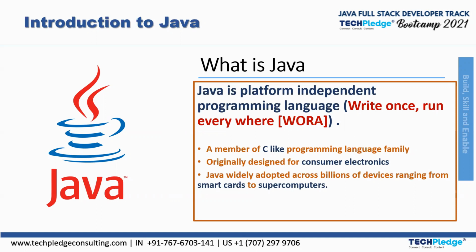Now this .exe file contains the machine specific code or the processor specific code. For example, when you compile on a Linux or Windows operating system, you cannot run the same program on a MacBook, for example.